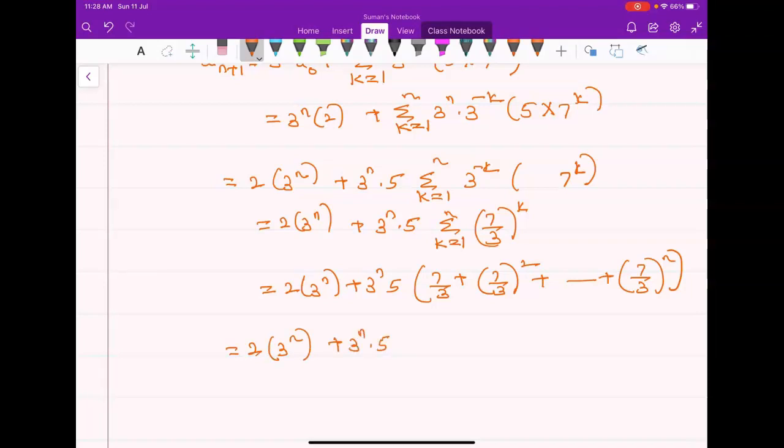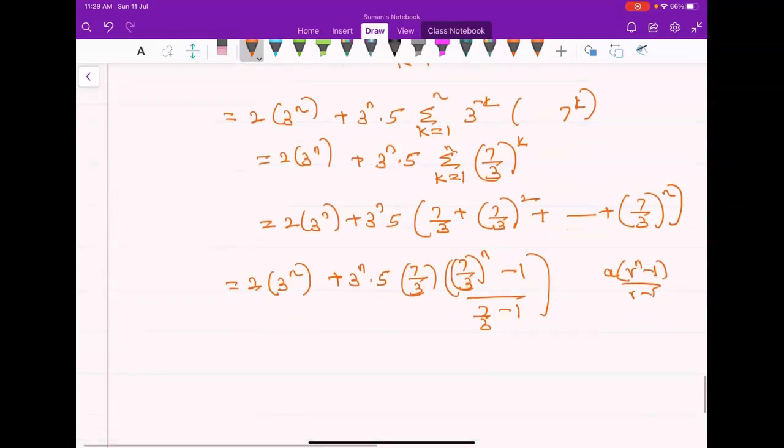Now use the property of summation. It will be a into r raised to n minus 1 by r minus 1. A is 7 by 3. There are n terms, so 7 by 3 into 7 by 3 raised to n minus 1 by 7 by 3 minus 1. I'm using the property that the sum of n terms of a GP is a into r raised to n minus 1 by r minus 1.